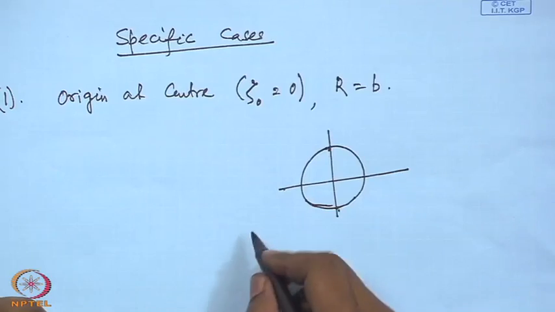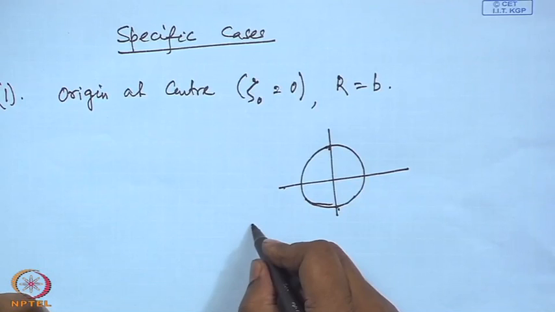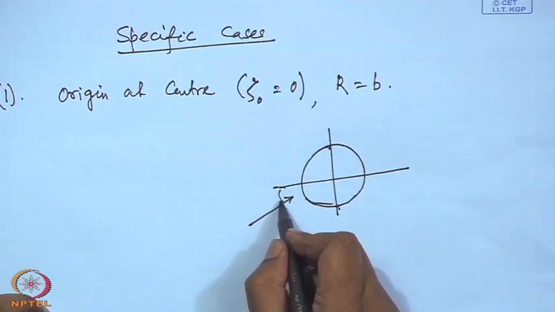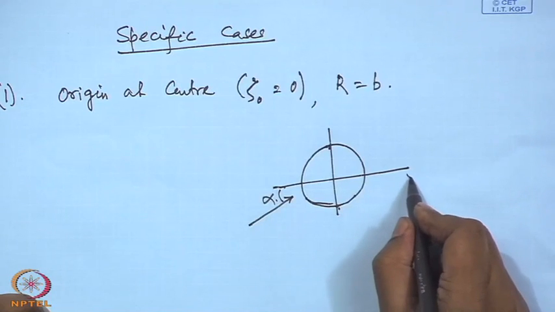So, we will first start with that case where we place the origin of our coordinate system in the zeta plane at the center of the circle itself, and we take the parameter b to be equal to the radius, and let us say the flow is coming at an angle of attack alpha to this.